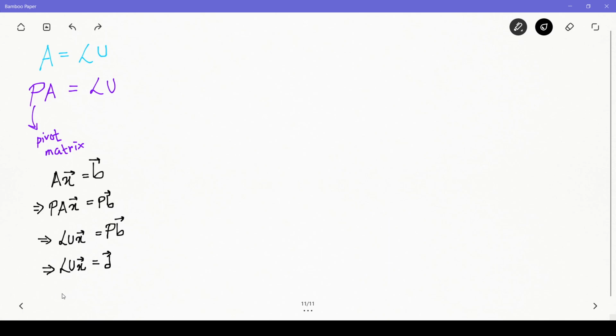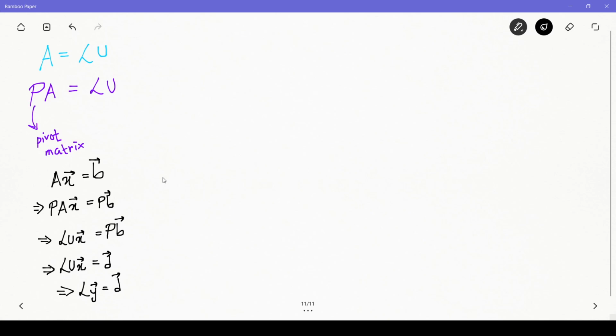Okay, let me erase this part. Now that we have this equation, let's substitute U times the x vector with a different variable vector. Let's call it y. So Ly vector equals d vector. Now we have a particular y vector multiplied with our lower triangular matrix, and we get a d vector as a result.